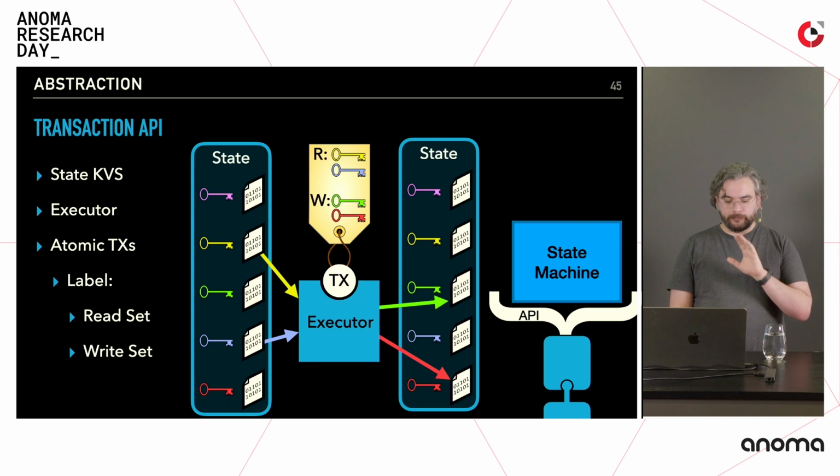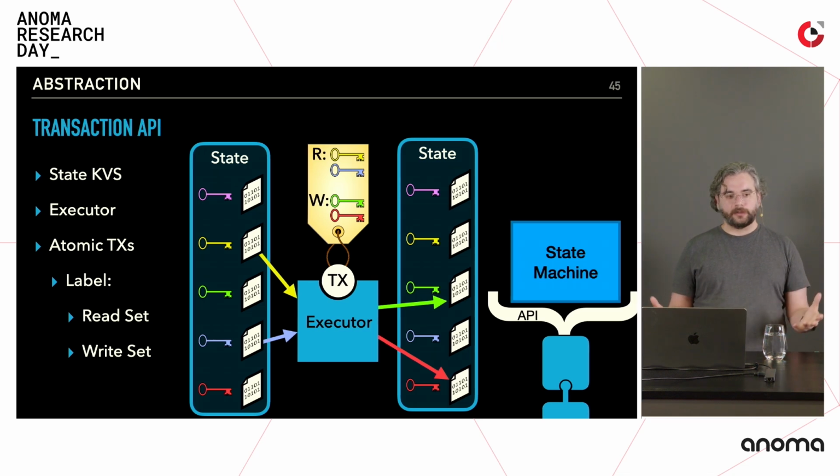This way, when two transaction candidates don't conflict, we know that we can safely parallelize them. So that's basically our API for what it looks like to plug a state machine into this engine, and what that state machine and those transaction candidates need to implement.